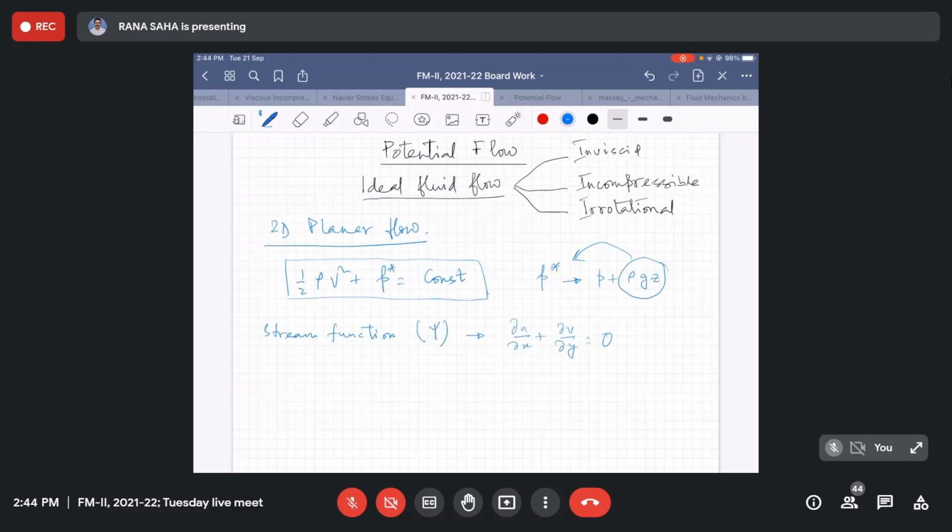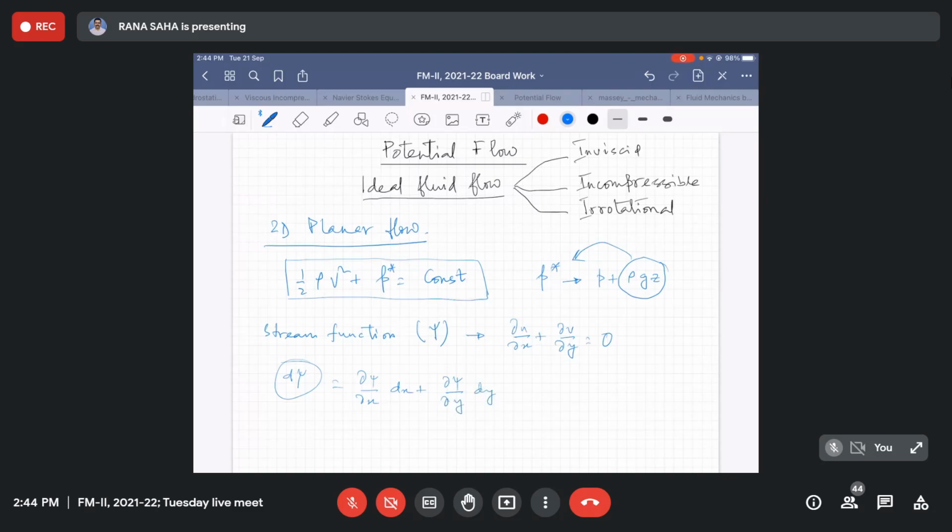I mean, by defining d psi as a composition of del psi del x dx plus del psi del y dy.